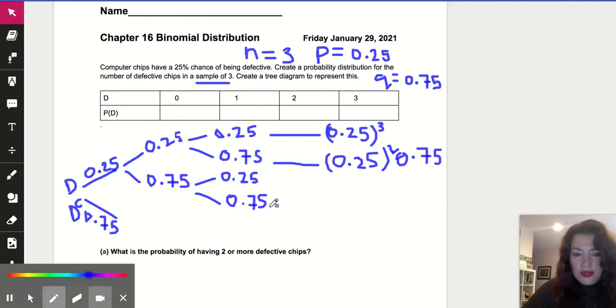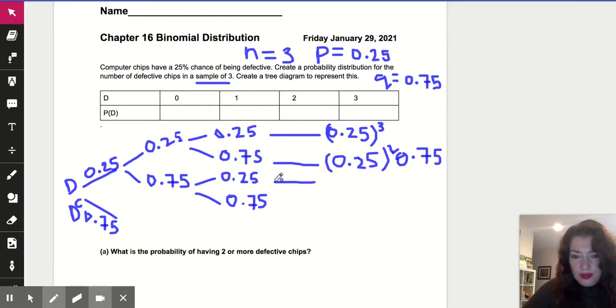Following that branch, 0.25 times 0.75 times 0.25 means I have 0.25 squared times 0.75.